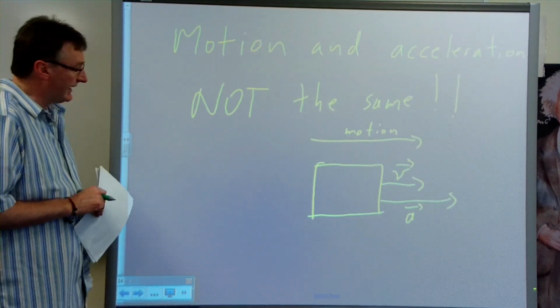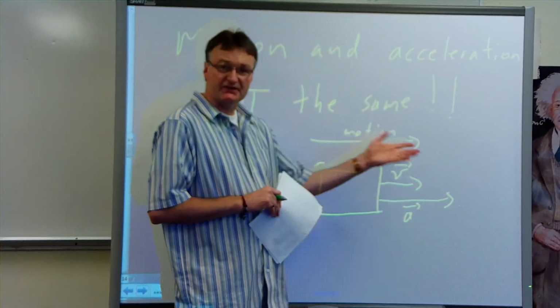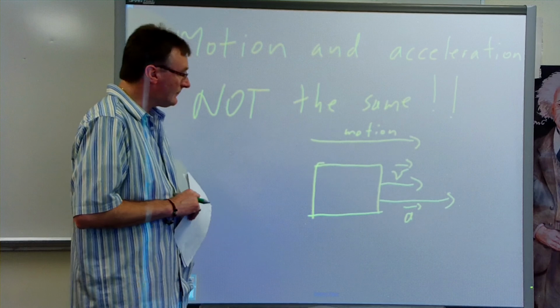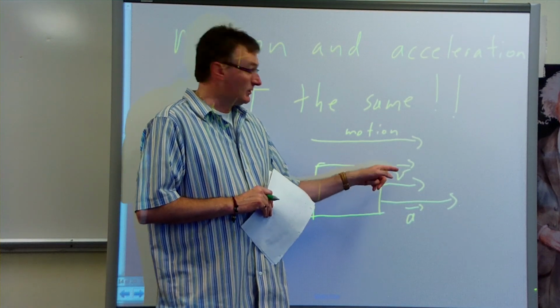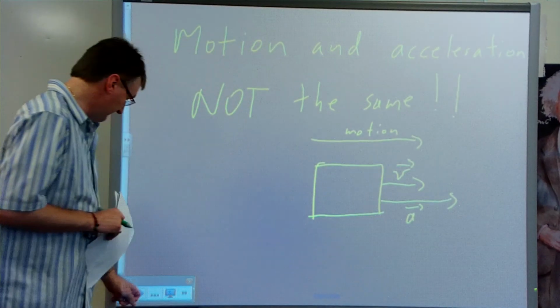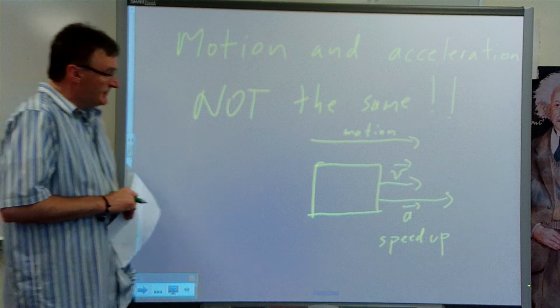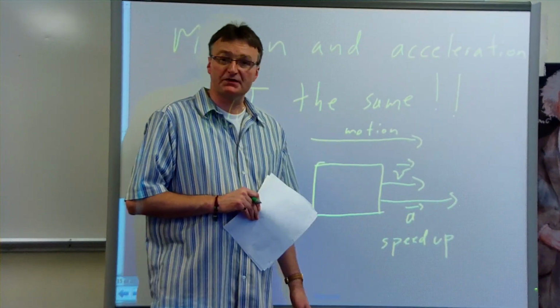So let's say then that our object is accelerating this way, to the right, or east, as we sometimes say. And in this case here, if the acceleration is the same direction as the velocity, then obviously the object is going to be speeding up. So acceleration, velocity, same direction, object will speed up.